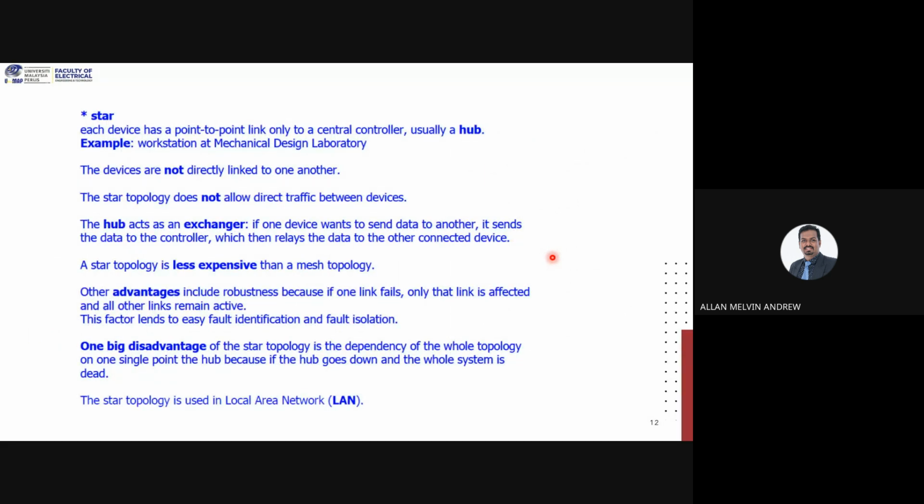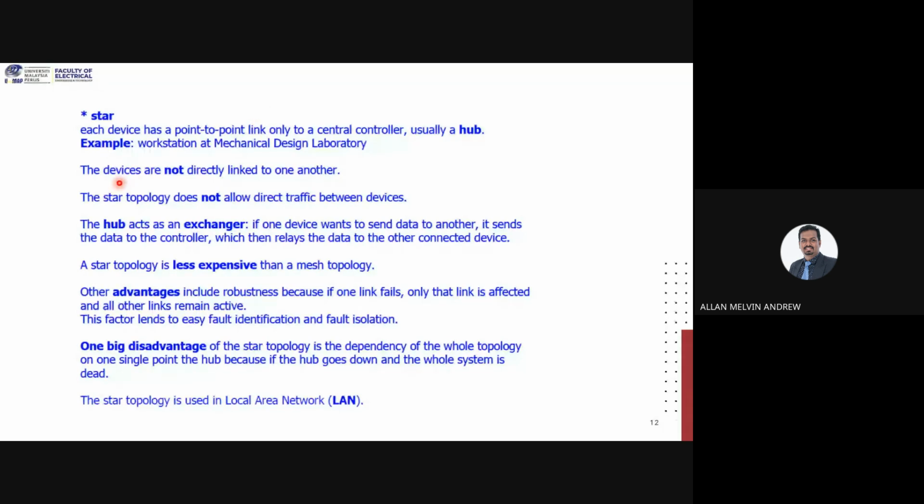Okay, so we have some reading. In a star, each device has a point-to-point link only to a central controller, usually a hub. Usually in our labs in Unimap, all the devices are connected point to point, and only the main thing will be using another setup.